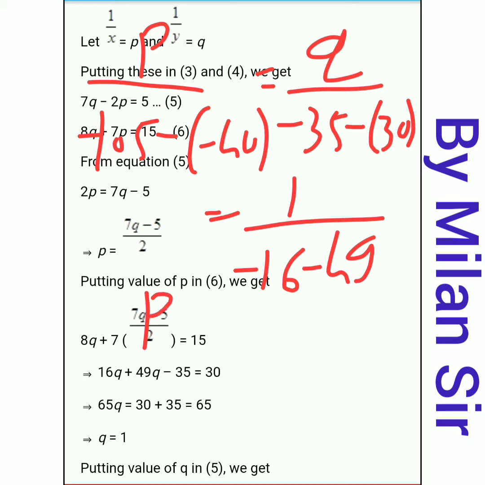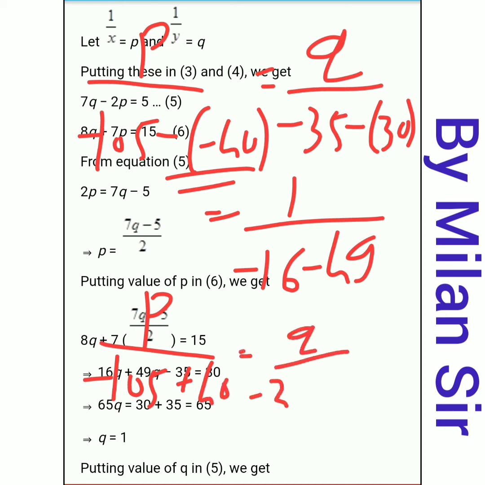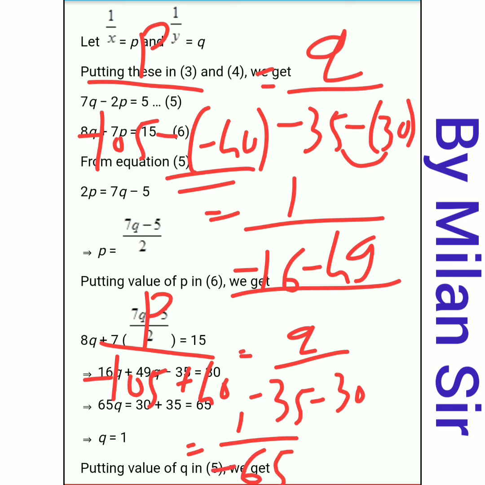Now here p upon minus 105 minus minus plus 40 is equal to q upon minus 35, here plus minus minus 30. And at last 1 upon here minus minus plus 49 plus 16, 65, big number sign negative.